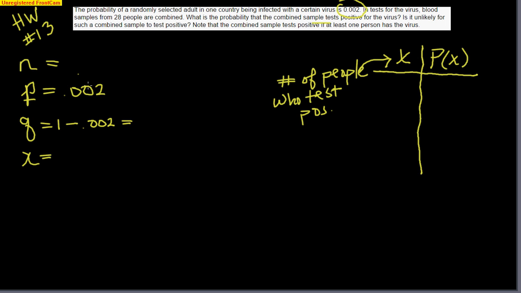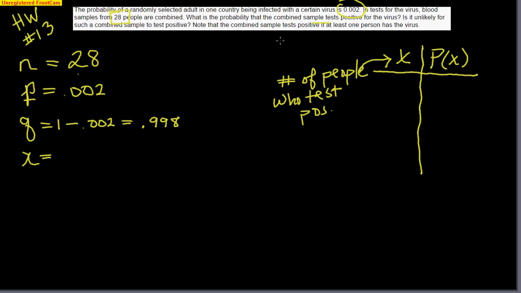So the probability someone tests negative for the virus is 0.998. All right, what is n? Well, n is the number of people that we're going to test. It's right here. It's going to be the number 28. We're going to test 28 people.